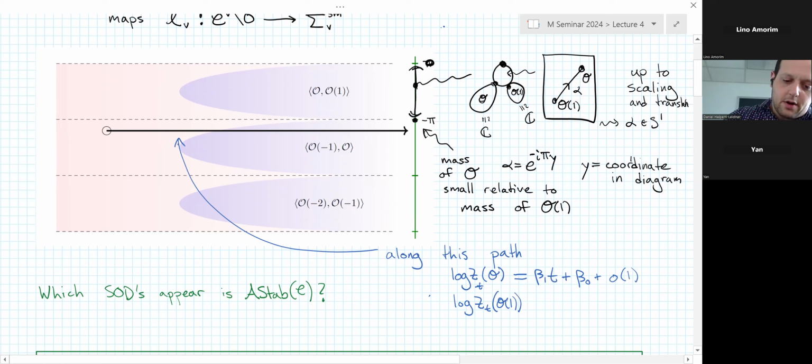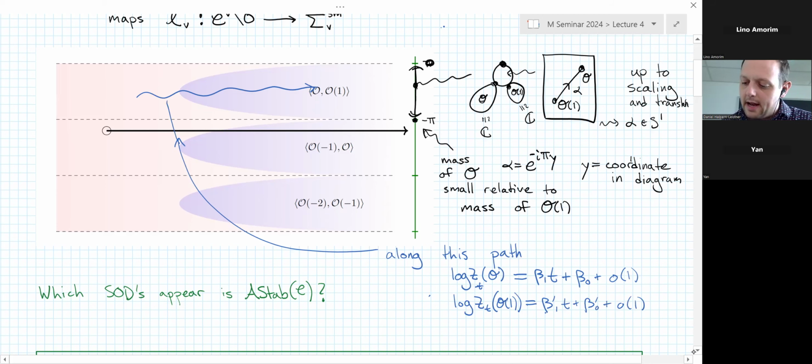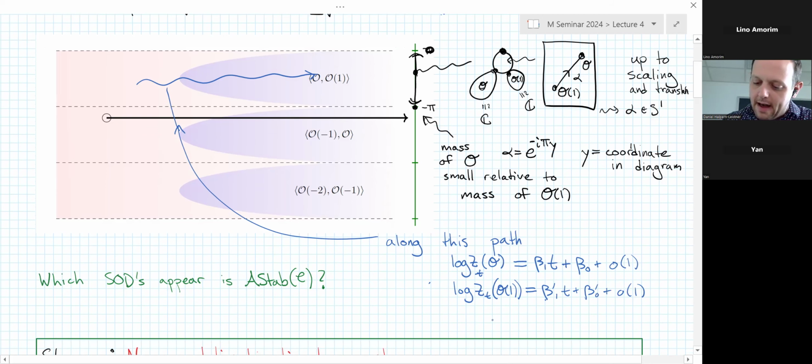If you go along this path, we'll have some asymptotic expansion, beta prime_1 t plus beta prime_0 plus o(1). And what I'm calling alpha in the description above is really just the difference beta_1 minus beta prime_1, up to scale, because alpha is only defined up to scale.